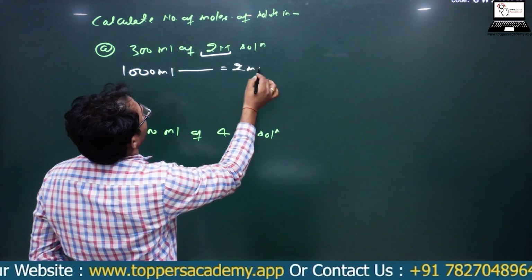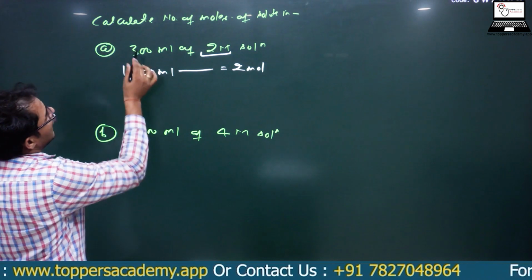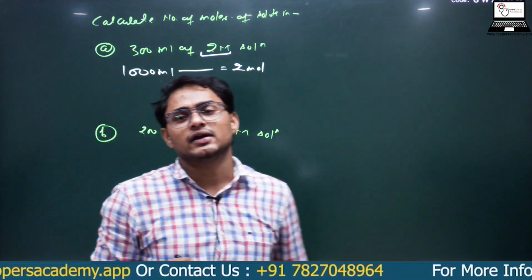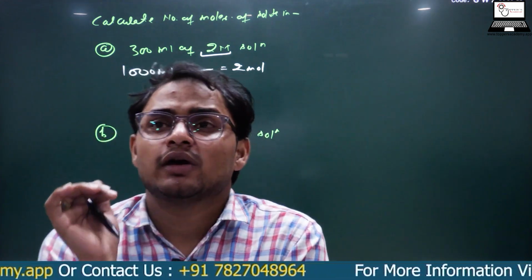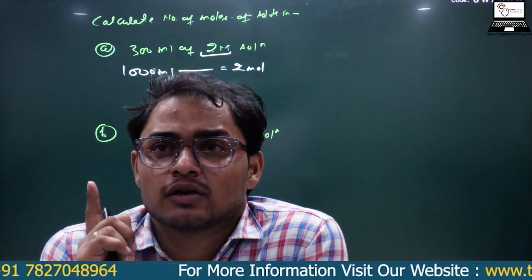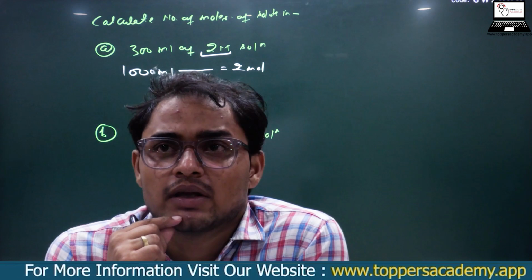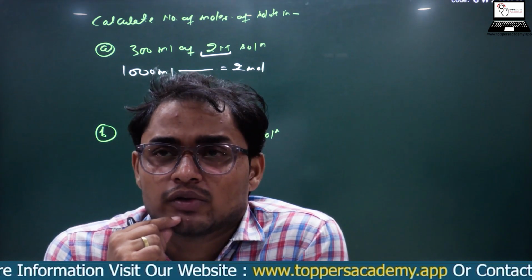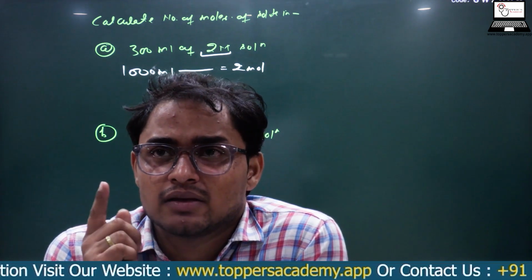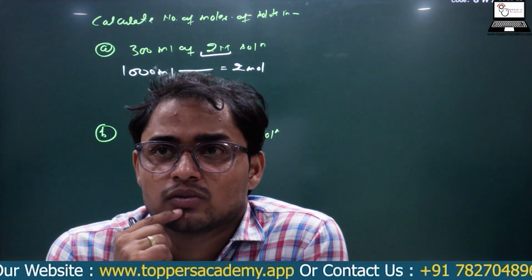There is no value by which I can divide 1000 and get 300.